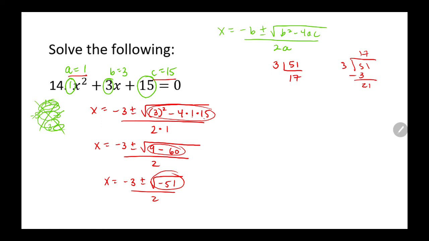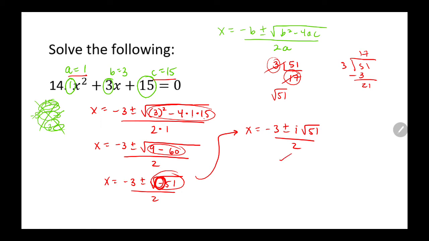So since there are no doubles, both of these guys multiply back inside of my square root. And root 51 just stays root 51. But there is this negative in here. And so immediately I'm going to rewrite this as x equals negative 3 plus or minus i square root 51 all over 2.